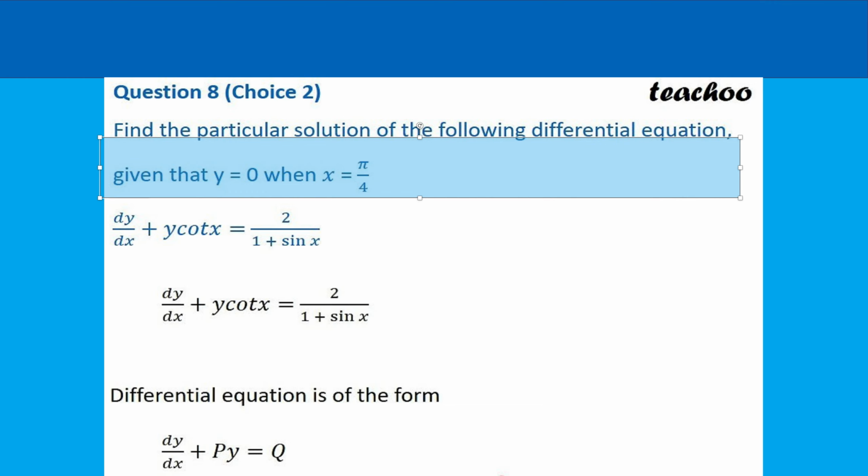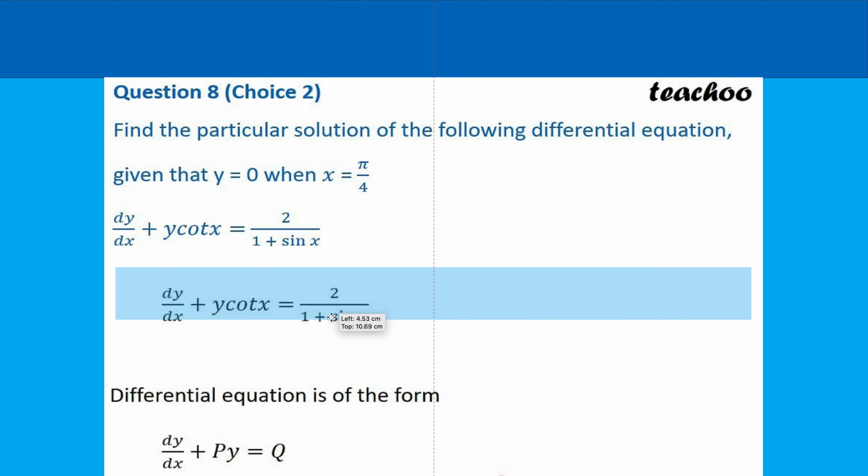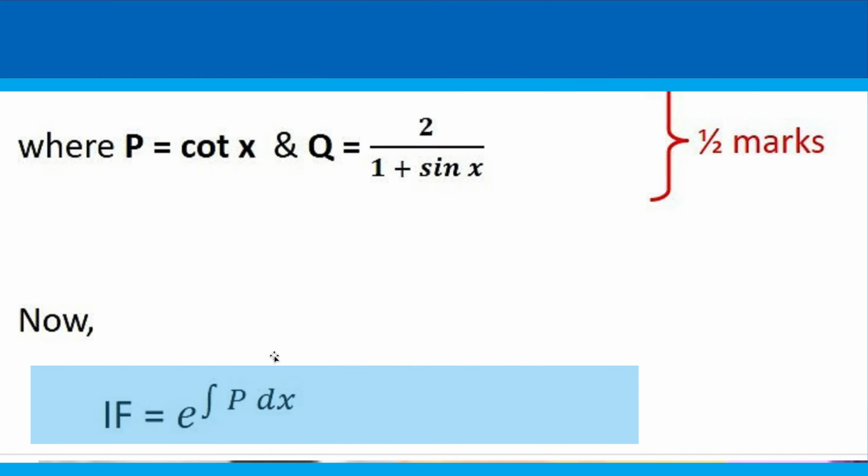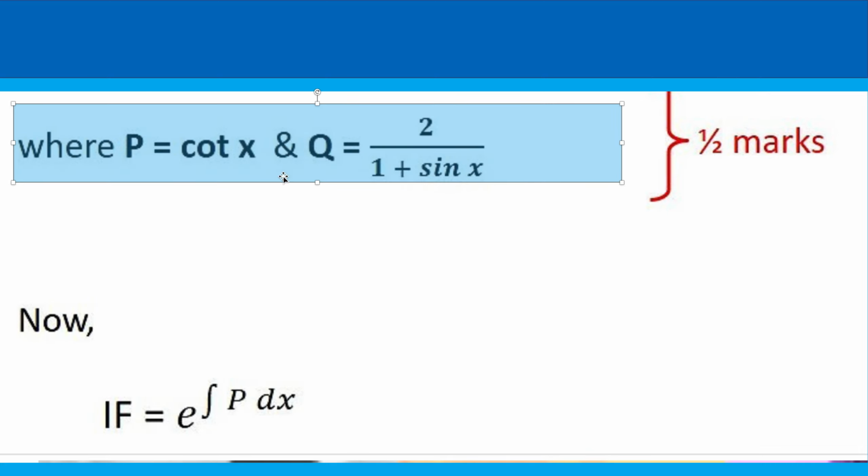And once you get the final answer, you will input the values of x and y, and that will give you a value which will be the value of the constant, right, which is the plus c in the end of every integration. So of course we first start with getting the values from the form dy by dx plus py equals q, which gives us these values, right, which is p is cot x and q is this.